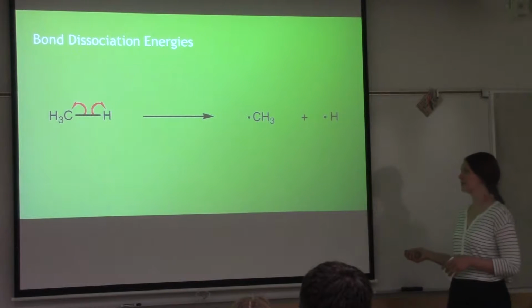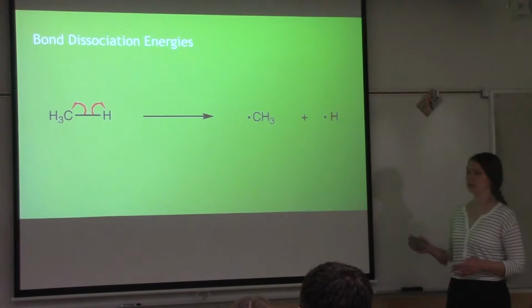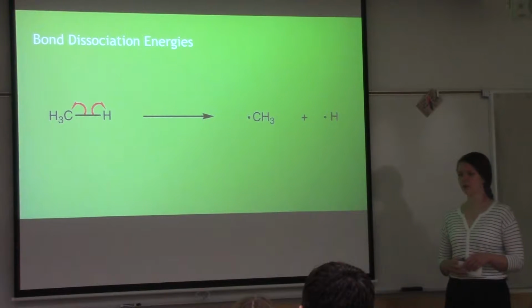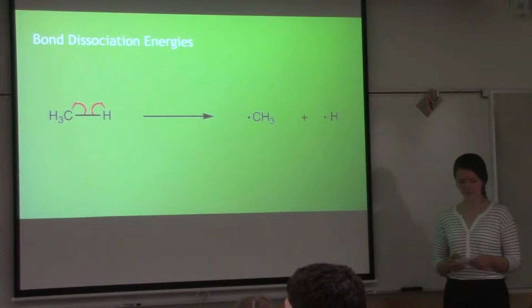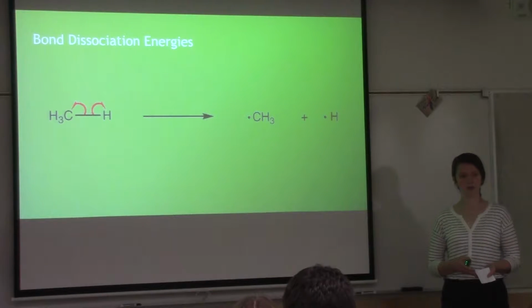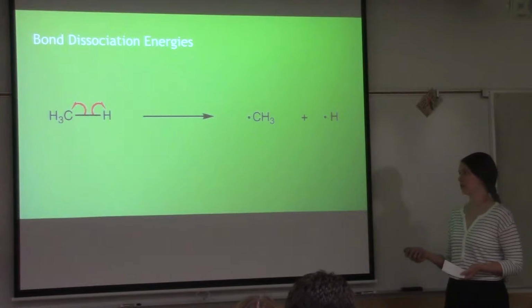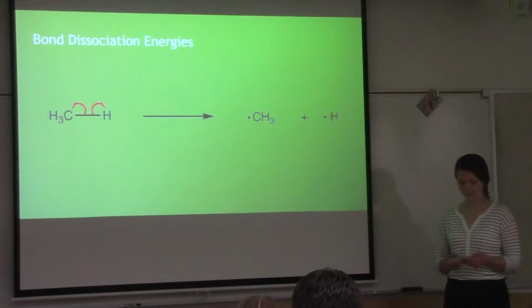In this instance, the energy could be represented by that exothermic reaction, the energy coming off of the bond. And the bond energies help us predict not only the structure of the molecule, but also the reaction energy, the reaction rates, and things like that.